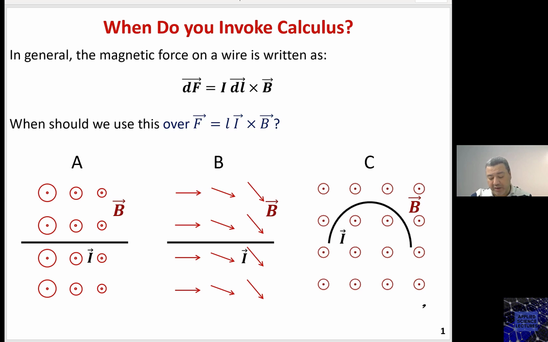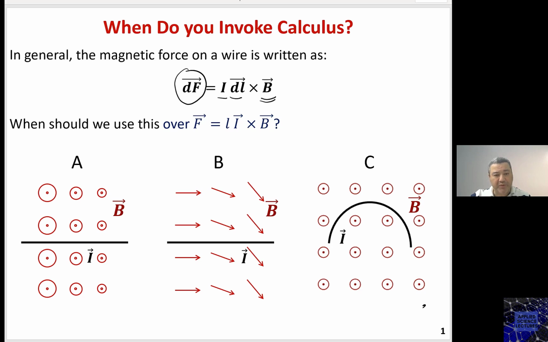And that's why we have said here that dF as a vector equals I dl cross B, where dl is a differential element that represents the length on that wire. As you can see here, looking at a non-uniform magnetic field in the presence of a straight wire, my differential element for the wire is not changing.